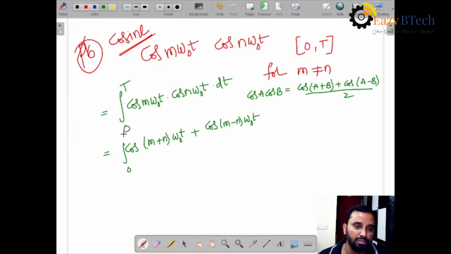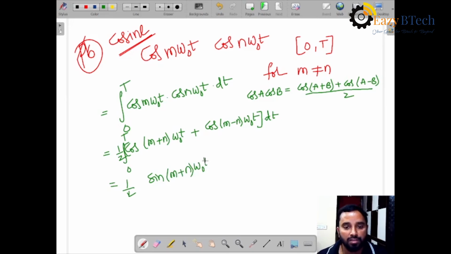So integration 0 to T for both, dt, and by 2. Now do the integration normally. Cos integration gives sine. So 1 by 2, it is sine (m plus n) omega naught t divided by (m plus n) omega naught. Here also, cos integration gives sine (m minus n) omega naught t divided by (m minus n) omega naught.